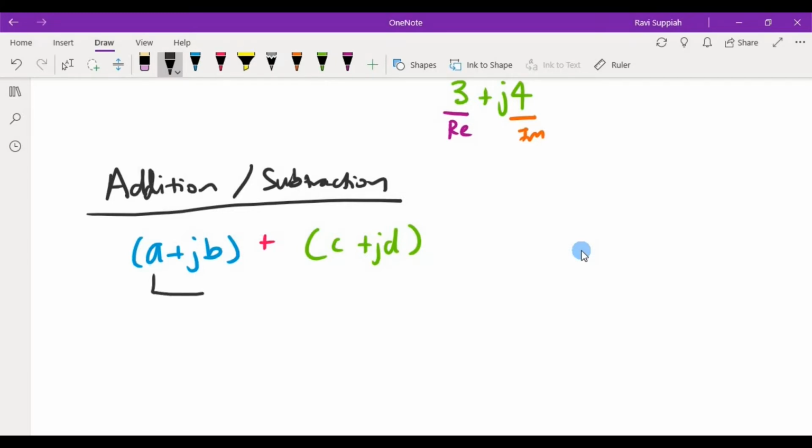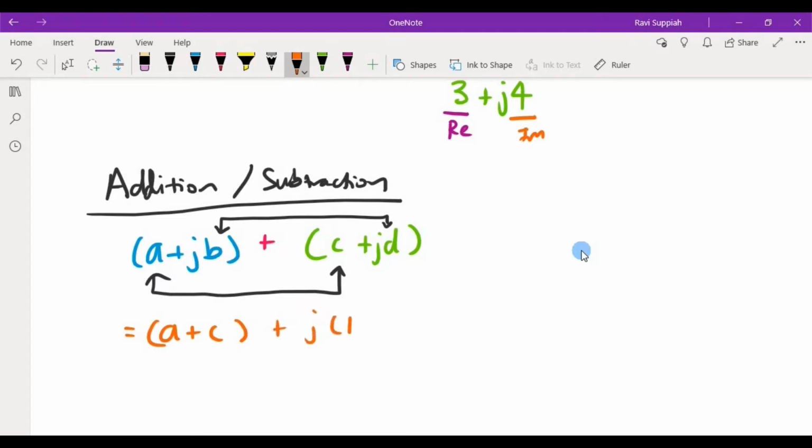So in this case you have a and c as the real parts of the number, b and d as the imaginary parts of the number. So that will bring us to a plus c, add with j, b plus d.